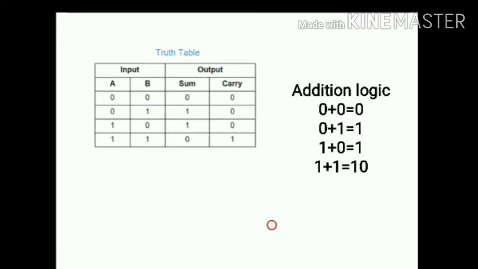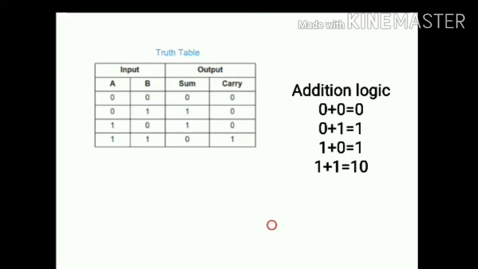Put bar for 0. So A is 0, so put bar for A. In the third row, B is 0, so put bar for B. So you will get S equal to A bar B plus A B bar.